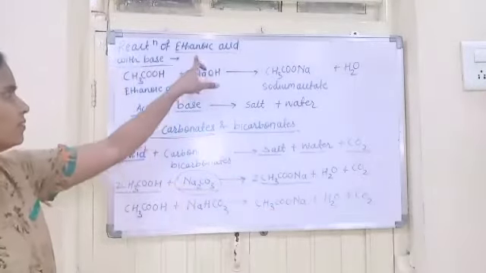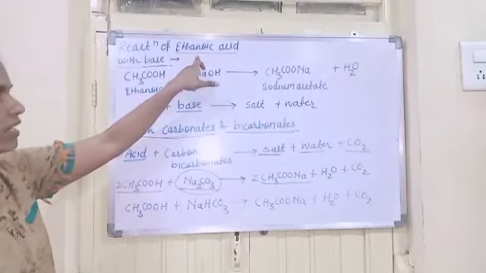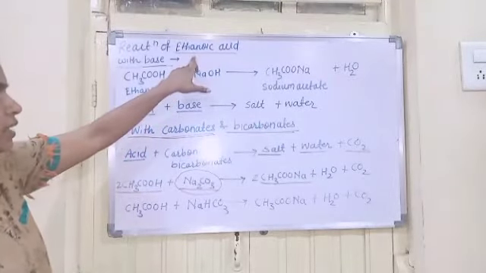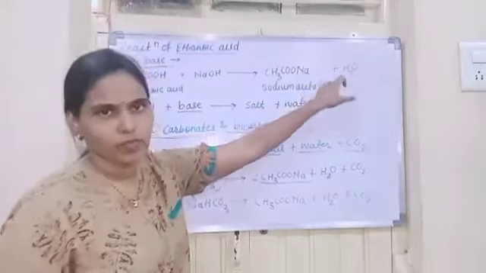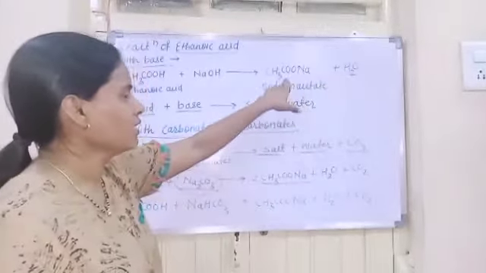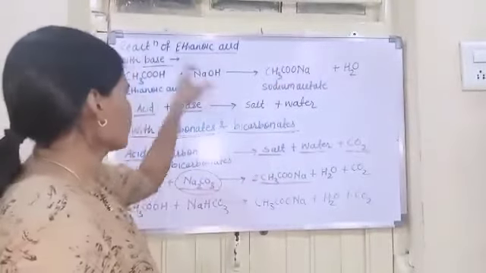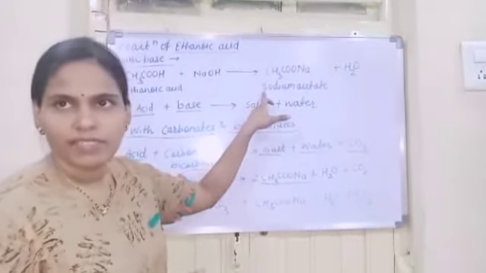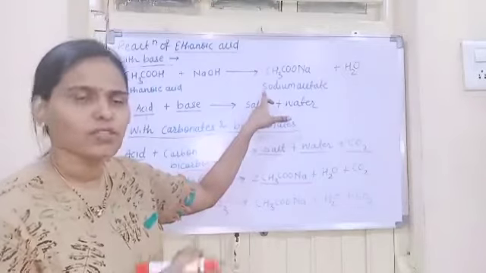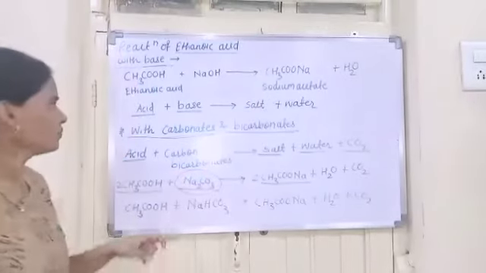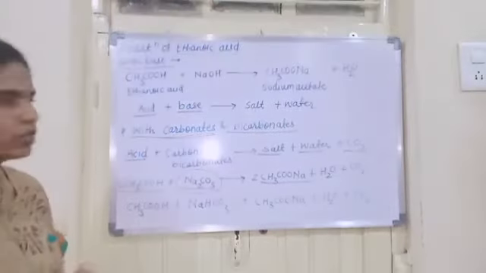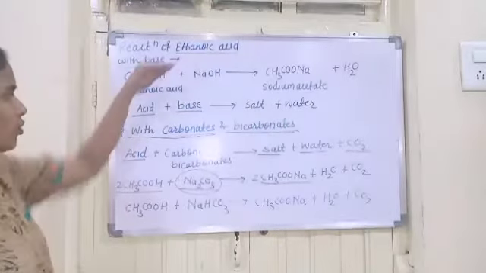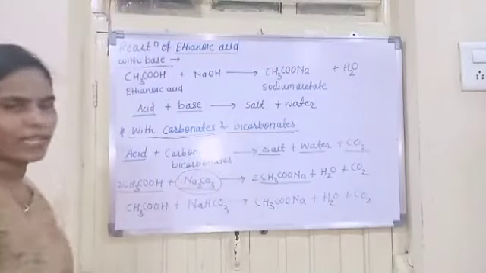So when an acid, like mineral acid or carboxylic acid, that is ethanoic acid, is treated with a base, it produces salt plus water, and the salt produced in this reaction is sodium acetate, or sodium ethanoate. Second, the reaction of ethanoic acid with carbonates or bicarbonates.